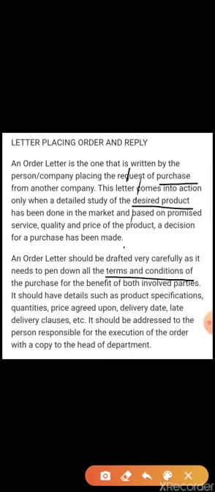Clauses means what are the rules, उसके लिए क्या शर्तें रखी जाएंगी, अगर लेट पहुंचता है, टूट फूट हो जाती है, तो उसके लिए क्या क्लॉजेस हैं, क्या नियम है.